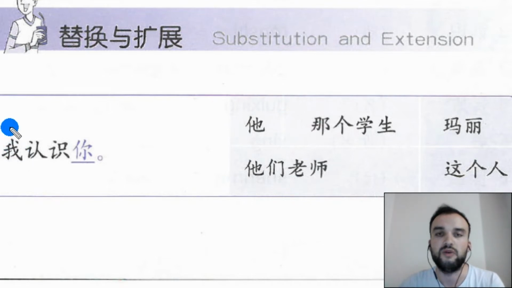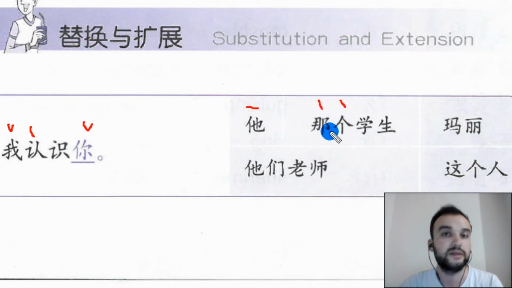Okay, here. 我 is third tone, you already know that. 认识, 你, 他, 那个, these are new characters.